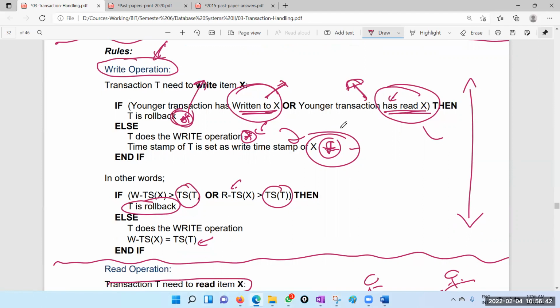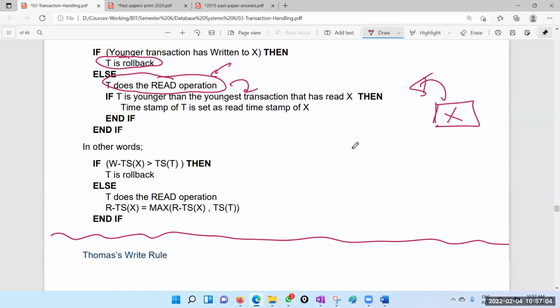In write, you update the write timestamp. In read, you update the read timestamp. In write, you always update the write timestamp, but in read, you update only if you are younger than the other transaction that has read. Okay, something like that.